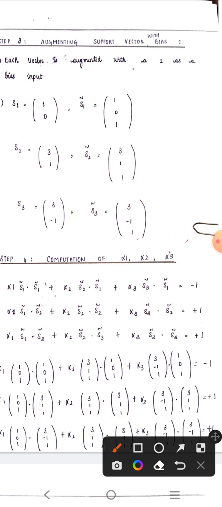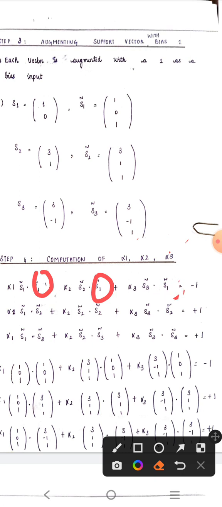We have to multiply the augmented support vectors with respect to all the support vectors. So first, alpha 1 S1 tilde dot S1 tilde, we have to do the dot product, plus alpha 2 S2 tilde dot S1 tilde. Here in the first equation we are multiplying all the alpha 1, alpha 2, alpha 3 values and S1 tilde, S2 tilde, S3 tilde with the augmented support vector 1, that is S1 tilde.